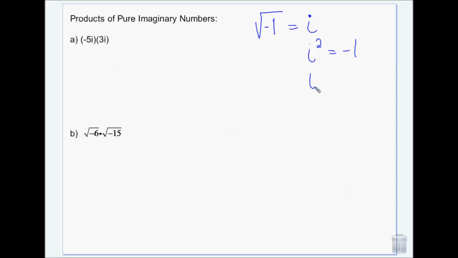Now i to the third is going to be negative 1, because that's i squared, times another i, so it's going to be negative i. i to the fourth, that's the same thing as i squared times i squared, which is negative 1 times negative 1. So that's going to be positive 1.